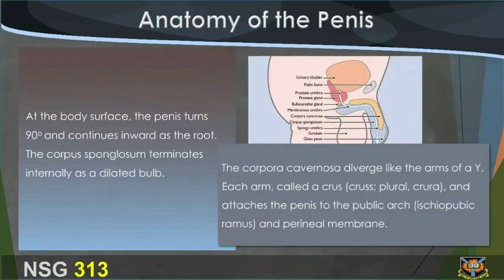At the body surface, the penis turns 90 degrees and continues inward as the root. The corpus spongiosum terminates internally as a dilated bulb. The corpora cavernosa diverge like the arms of a Y. Each arm, called a crus, plural crura, attaches the penis to the pubic arch, ischiopubic ramus, and perineal membrane.